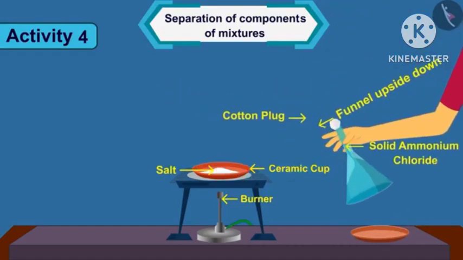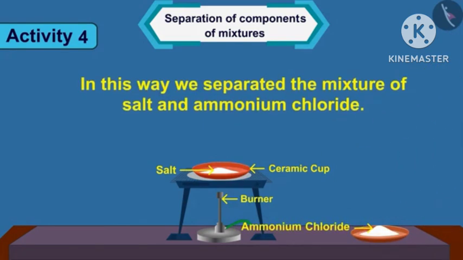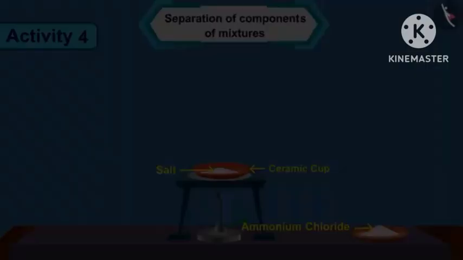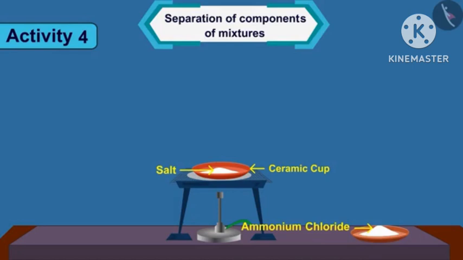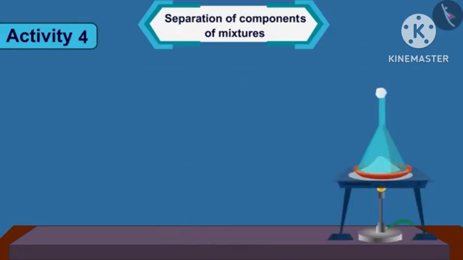In this way, we separated the mixture of salt and ammonium chloride. But how was this possible? This was possible because ammonium chloride is a sublimable substance that converts directly from the solid state to the gaseous state upon heating.